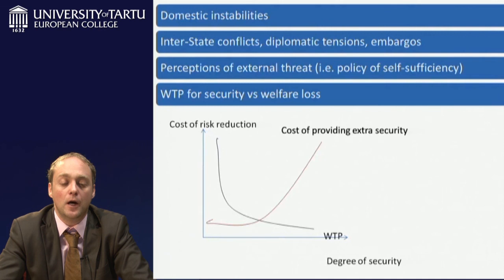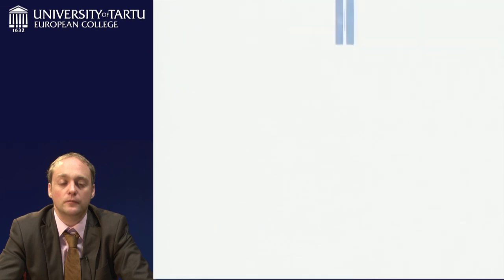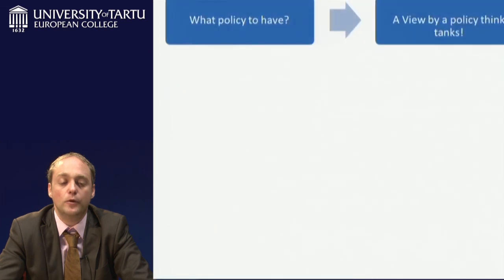And higher the cost of providing security is, the lower willingness to pay for energy security will be. So the question of energy security is very much related to the willingness to pay for this security. So what policy to have for ensuring energy security? Let's see a view by a policy think tank.